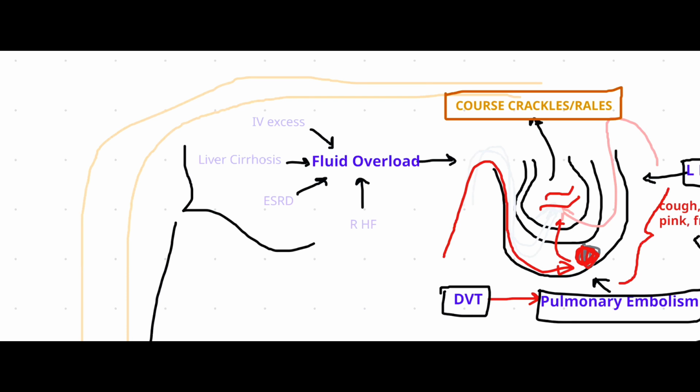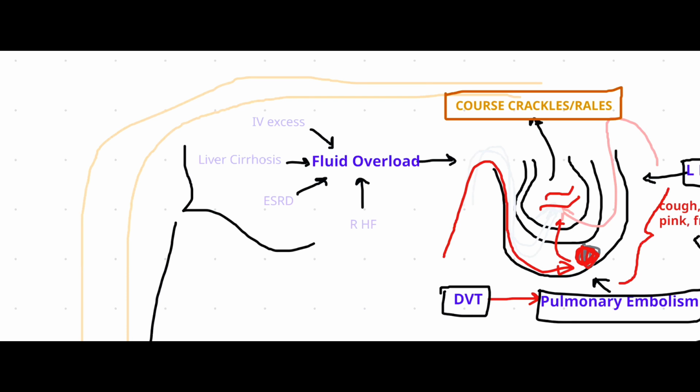End stage renal disease. So in end stage renal disease, when someone is not able to filter the fluid anymore through their kidneys, the kidneys have failed. So this is end stage kidney failure. So then the fluid overload, same thing. You have too much fluid in the veins, and then it goes into the right side of the heart, and then it goes into the lungs.